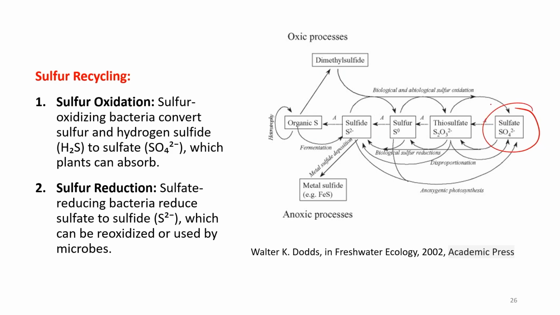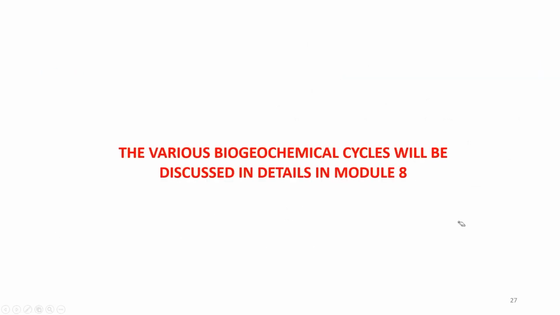In the sulfur reduction cycle, sulfate reducing bacteria reduce sulfate to sulfide, which can be reoxidized or used by microbes. So, you have in certain cases biological and abiological sulfur oxidation, and then in others you have anoxygenic photosynthesis, and then once these are converted to sulfate, this can easily be absorbed by plants.